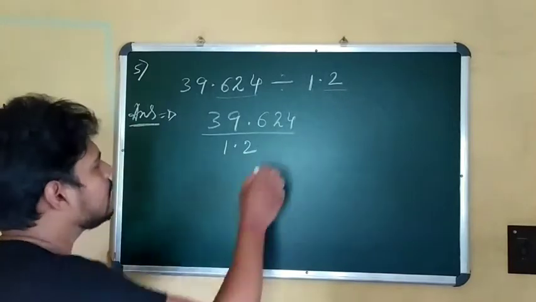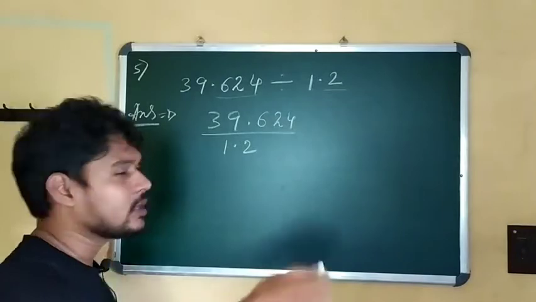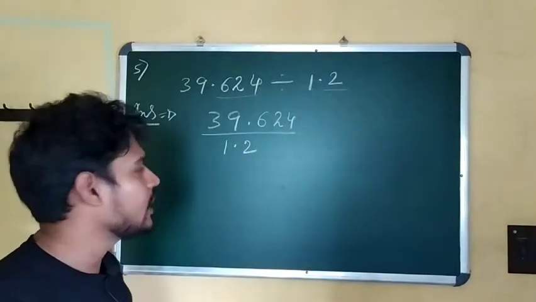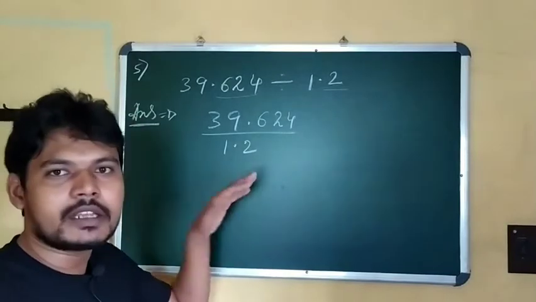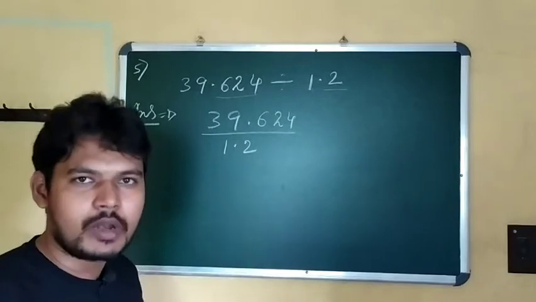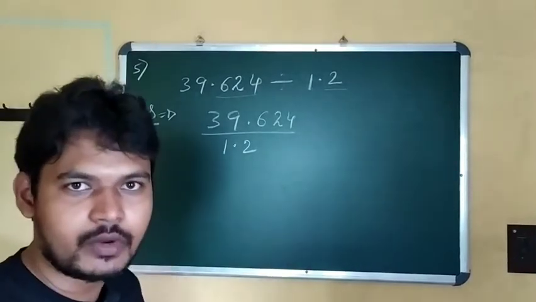If we multiply by 1000 at the numerator and the denominator both, then what happens? The procedure is that you only have to convert the denominator into a whole number. It will be easier to divide the number then, okay.